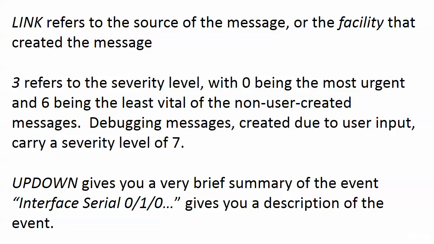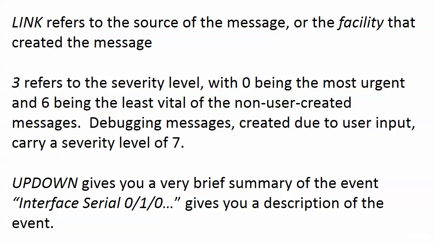Well, the link refers to the source of the message, or the facility, if you will, that created the message. That's a highfalutin big city way of saying it. 3 refers to the severity level. 0 is the most urgent. 6 is the least urgent of the non-user created messages, because this is going to sound odd. 0 is the most urgent, but debugging has a severity level of 7.